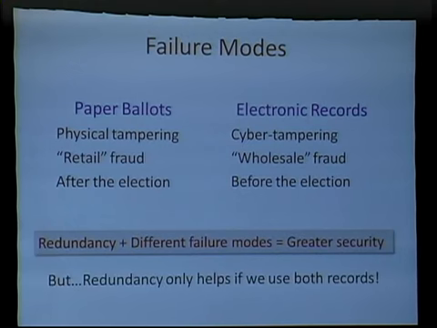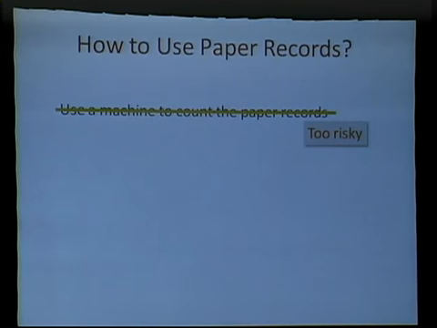But redundancy and having different failure modes can be combined to offer greater security, but only if we bother to use both records together in the course of the election. You have to check to make sure that they agree, or else having that redundancy doesn't help. So how to use paper records is the question. We could have a machine count the paper records, some kind of scanner maybe, but wait a minute, I just spent all this time describing how risky machines are in the voting process.